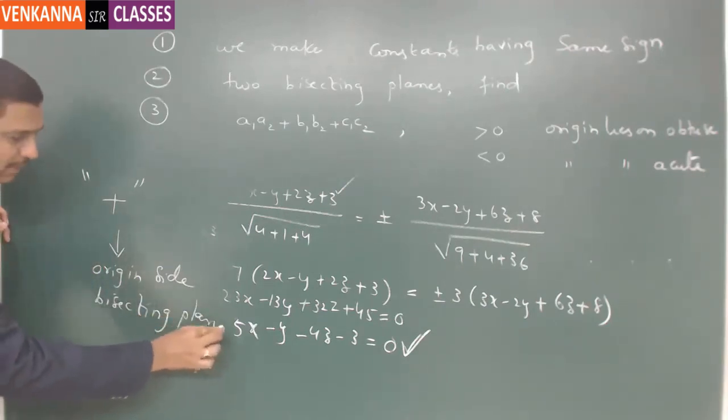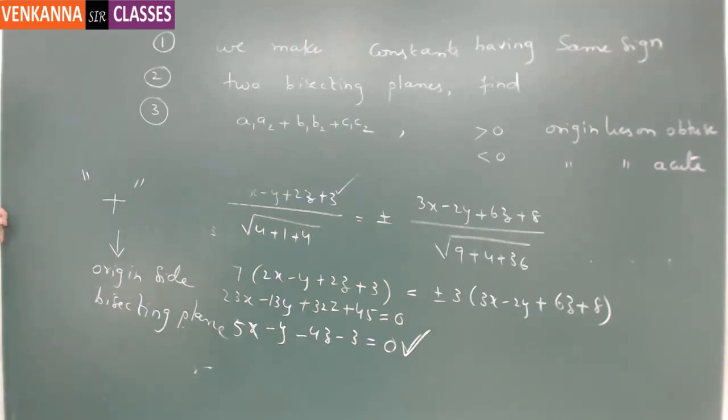Whenever we apply plus sign, the plane obtained always bisects the origin side. So there is no need to calculate cos theta, tan theta, etc. Keeping in view these two points, immediately we can say which plane bisects the acute angle and which plane bisects the obtuse angle.